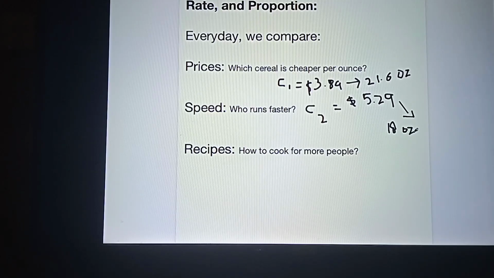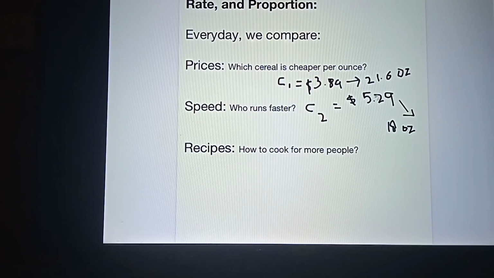Then to find the cost per ounce, you need to divide price by ounces.